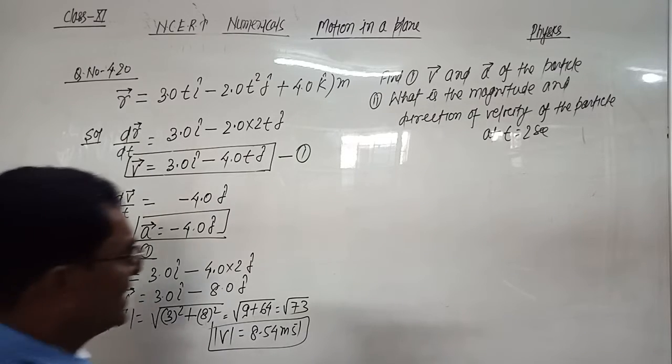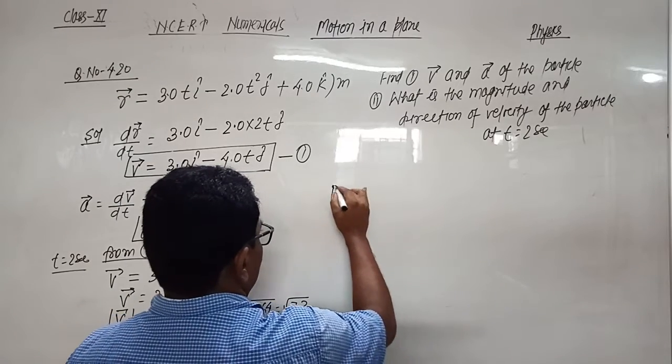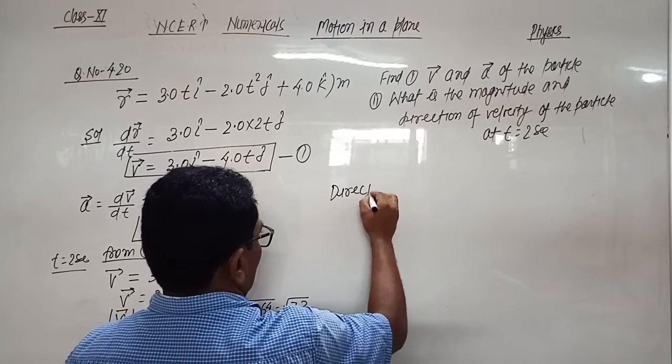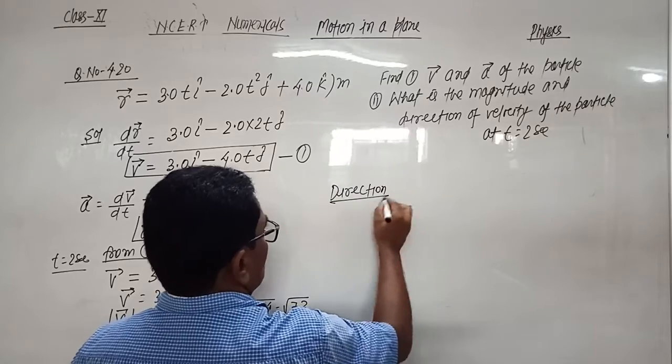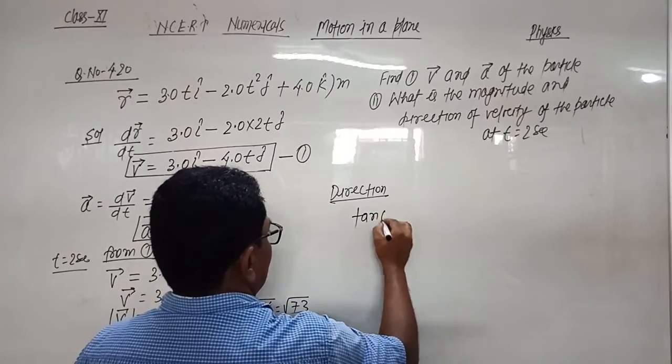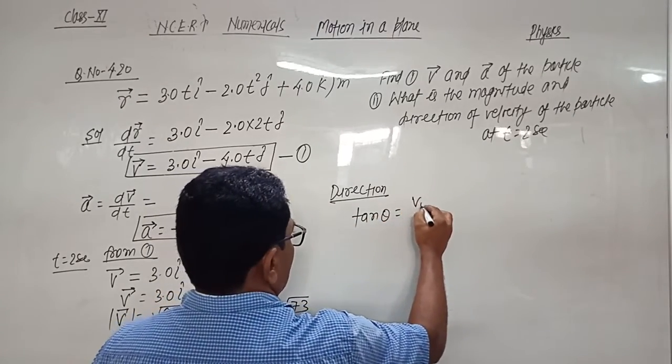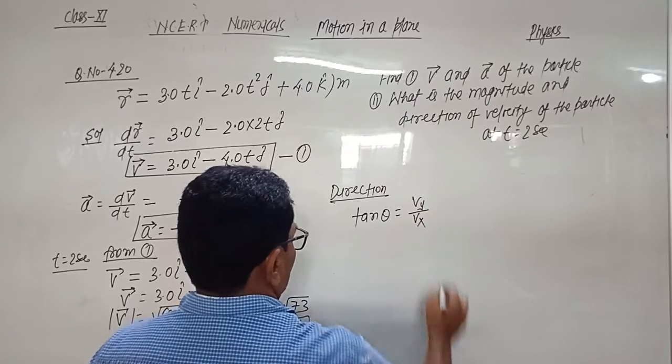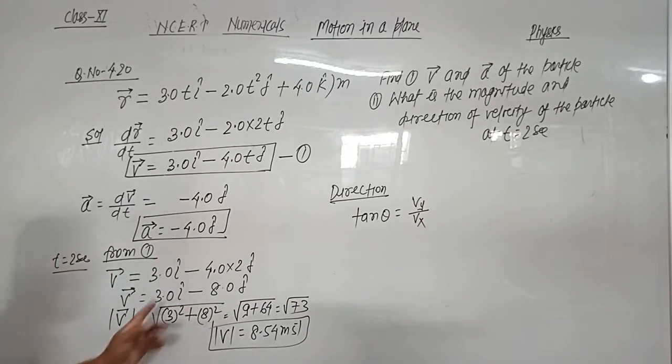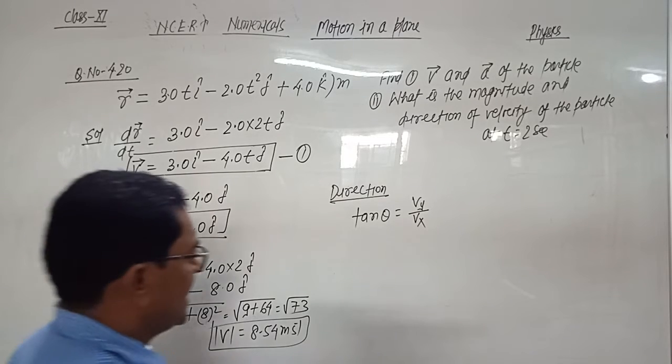Now we find the direction. For finding the direction, we use the formula tan theta equals Vy upon Vx, the velocity in the y direction upon the velocity in the x direction.